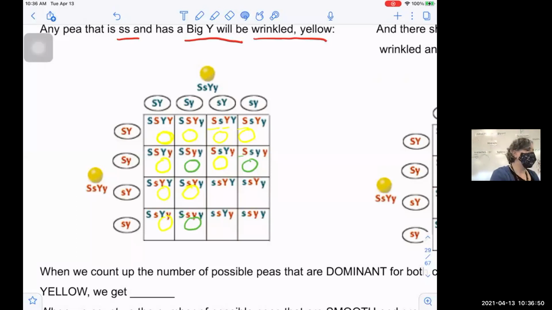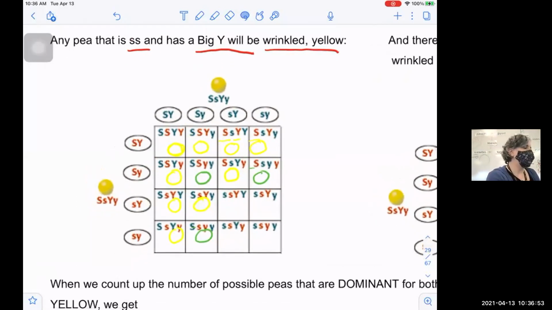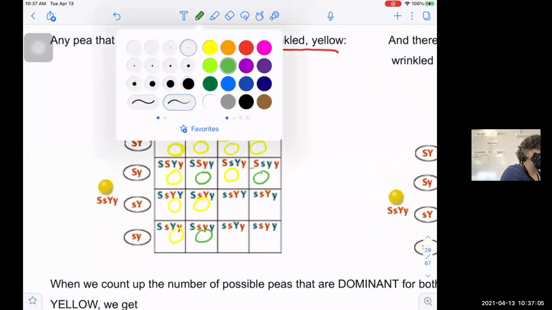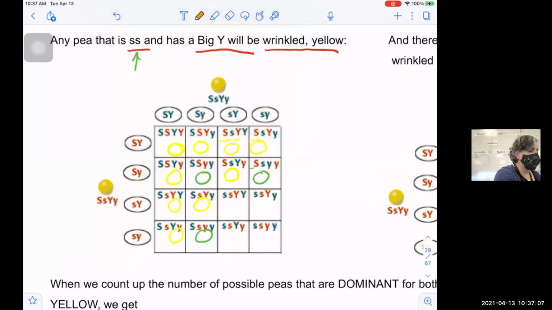All right, so for this one, I want you to find any peas that are little s, meaning that they're wrinkled, but they have a big Y, so they're still going to be yellow. I'm going to use orange to represent the yellow for this one. So little s means wrinkled, so I see one here that's wrinkled and yellow, because it still has that big Y. Here's one here.